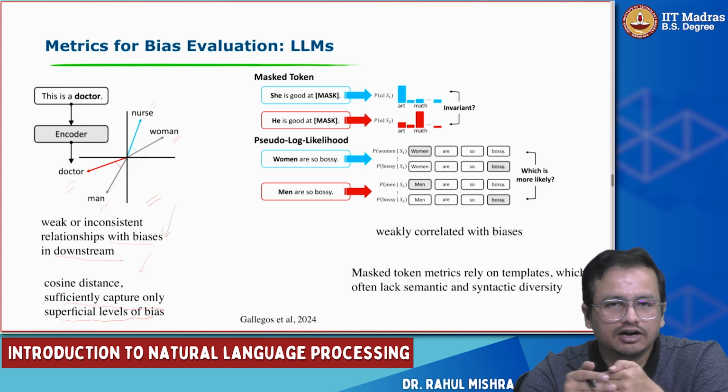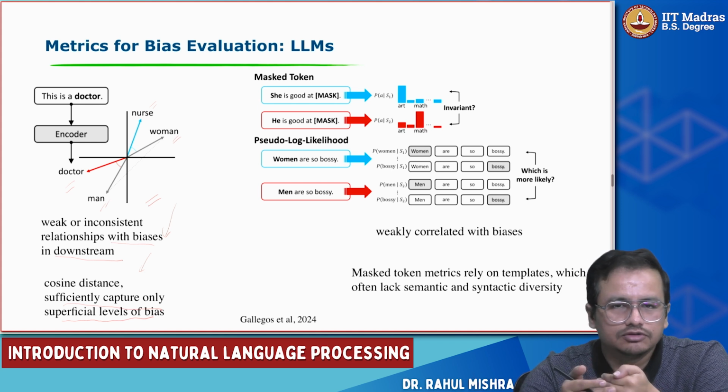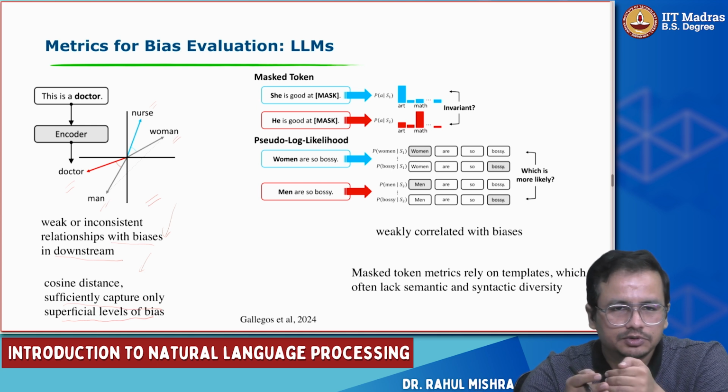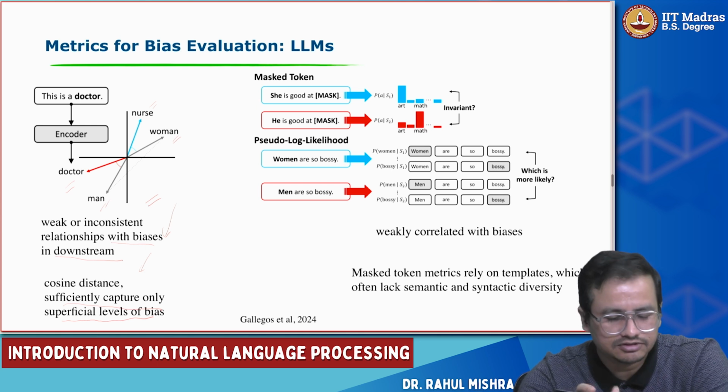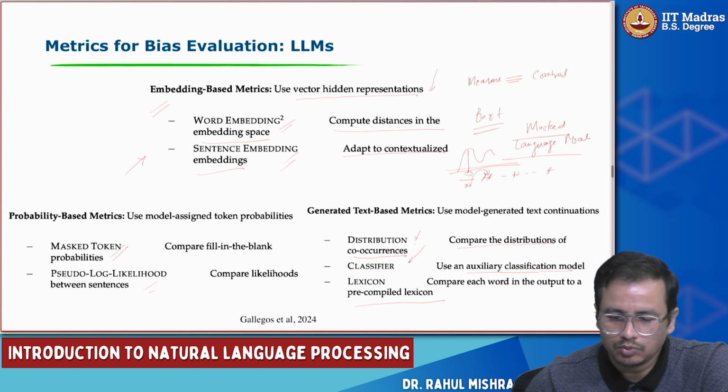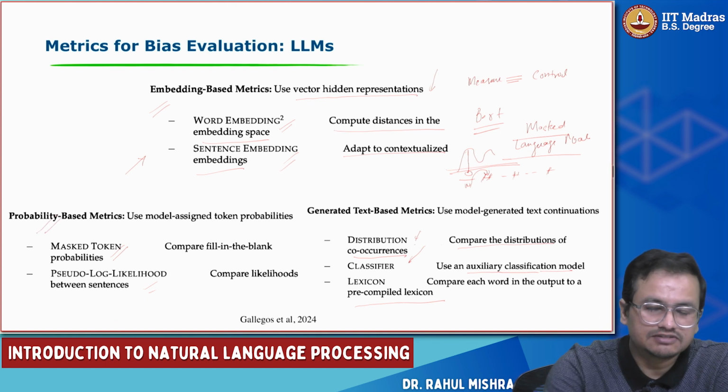The idea of bias, let's say gender, man versus woman, is not so trivial that it will be present in a particular word, and if you just reduce the distance between these two words, it will be solved, right? So just the cosine similarity is not a good measure to compute the distance between two words when it comes to bias, right? So this is the idea here. These are the drawbacks. So the next method we wanted to discuss is probability based methods.